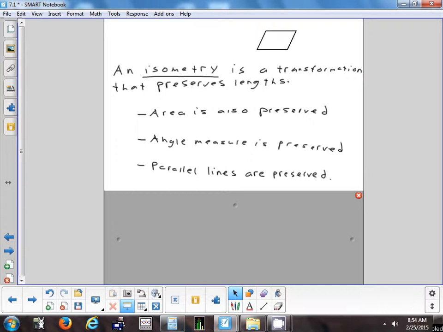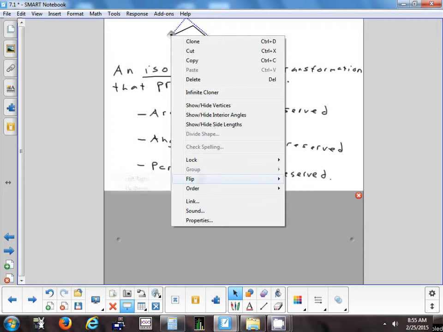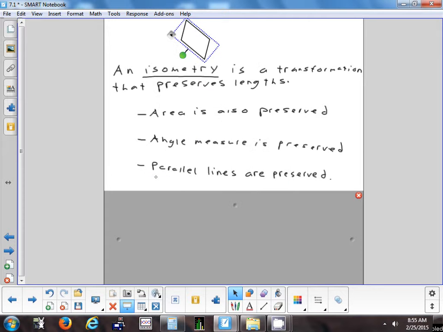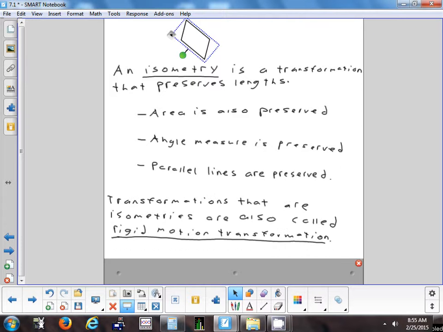If I slide it, parallel lines are still parallel. And then if I did a mirror image of it, they call it flip, we call it reflect. I just reflected it. Lines are still parallel. So parallel lines are preserved.